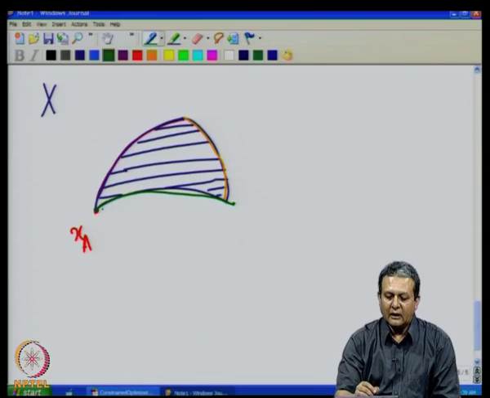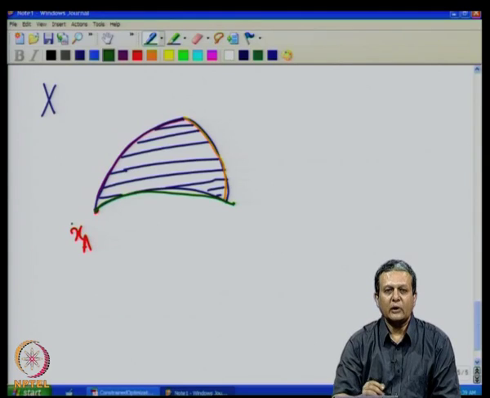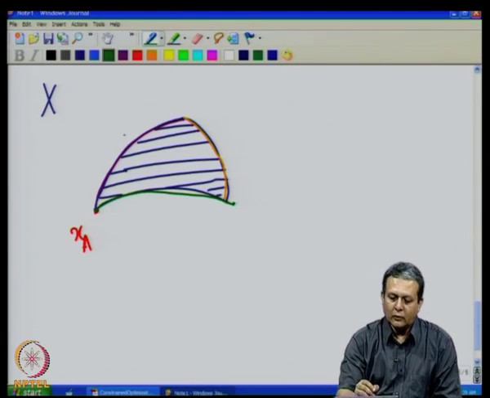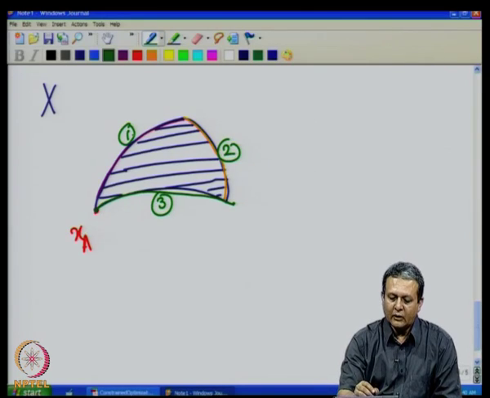In this case these 2 constraints are said to be active constraints as far as the point x a is concerned. Let us number these constraints: this is 1, this is 2 and this is 3. So at x a the constraints 1 and 3 are active.